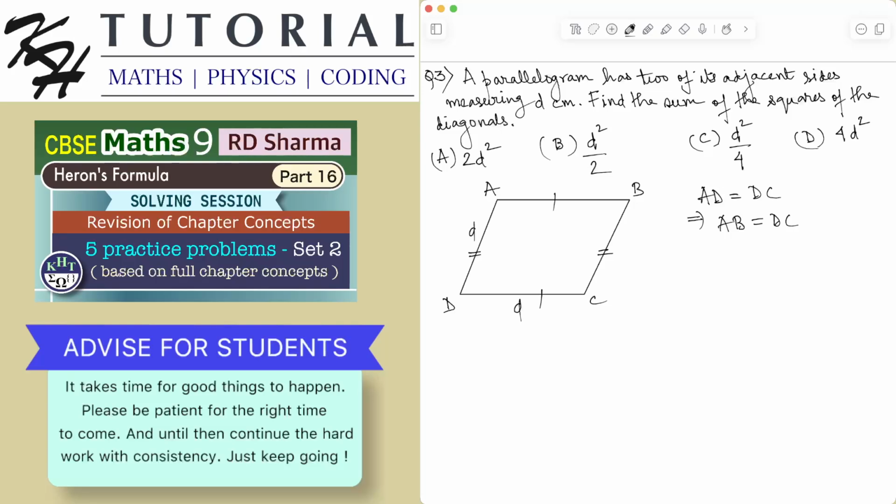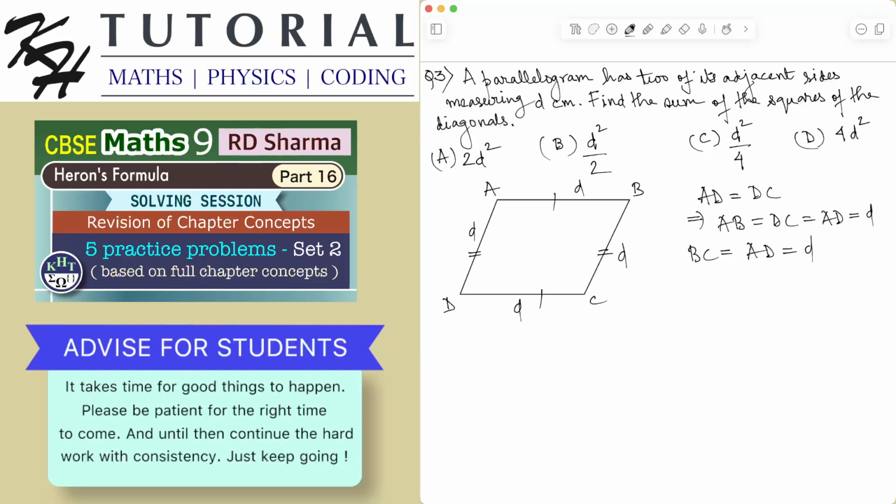The opposite parallel sides of a parallelogram are equal in length. So AB is equal to DC, this is equal to AD, this is equal to d. So we see the lengths of all the sides of the parallelogram are equal and of length d centimeter.